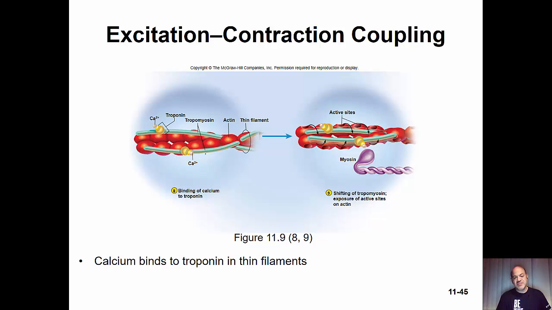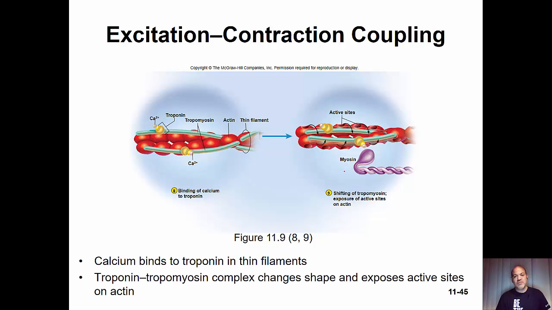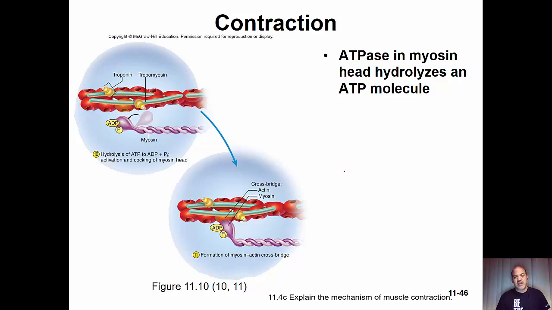And so when the calcium binds there, it's going to cause this to change shape. When it does, the tropomyosin moves out of the way of the active site. That's going to allow the myosin, which is the basic unit of the thick filaments, the ability to bind there.